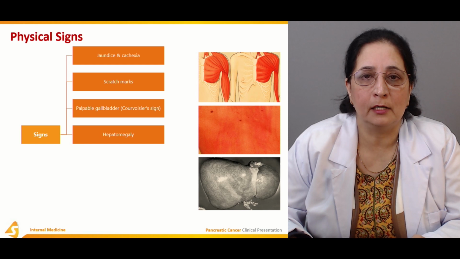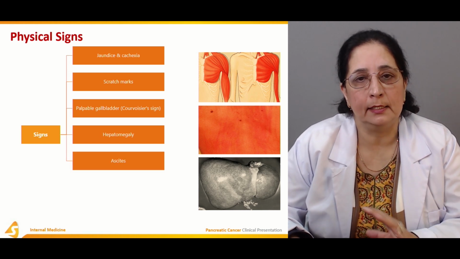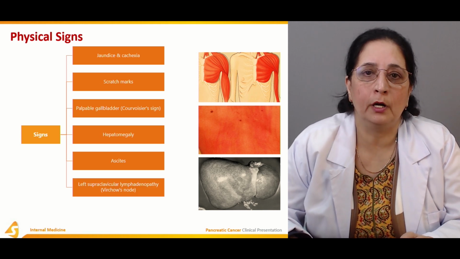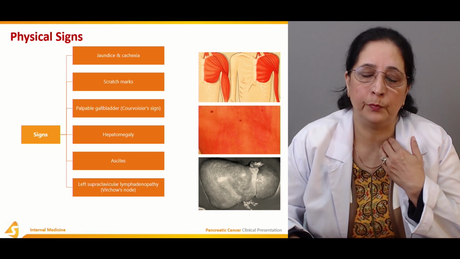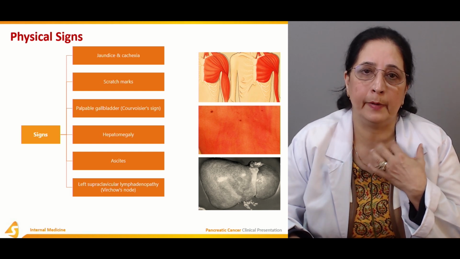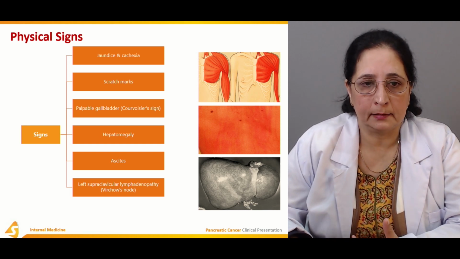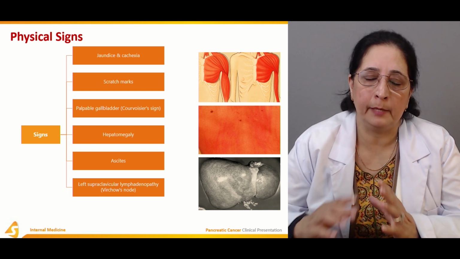Hepatomegaly, there is enlargement of the liver. Ascites is present, there is fluid in the abdomen. Left supraclavicular lymphadenopathy is known as the Virchow node sign. So these are some physical signs of the patient.